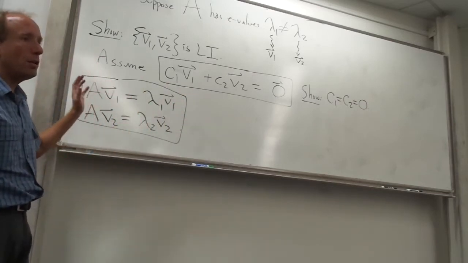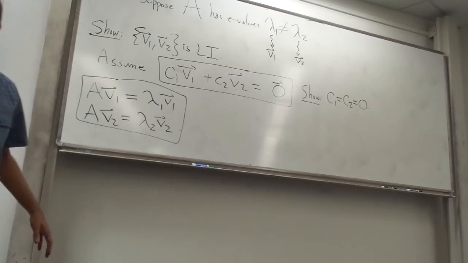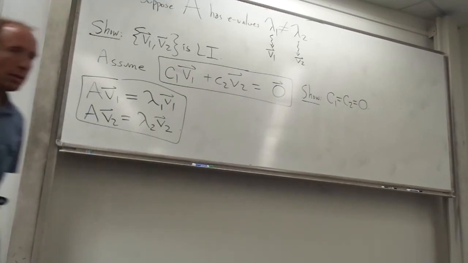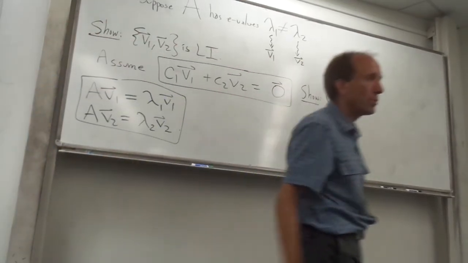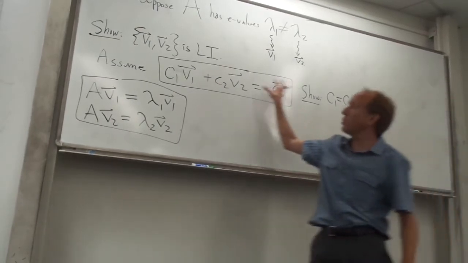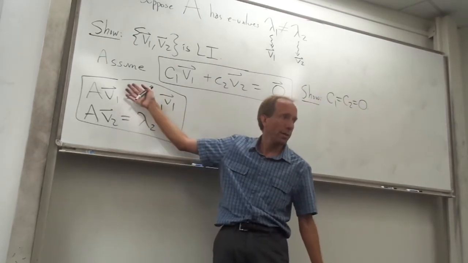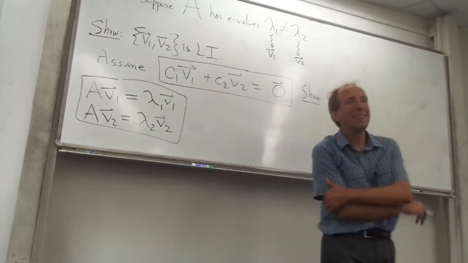Now how am I going to use that? So I've got these things in boxes right now. Now we need a little bit of a creative step to get us over the hump here.